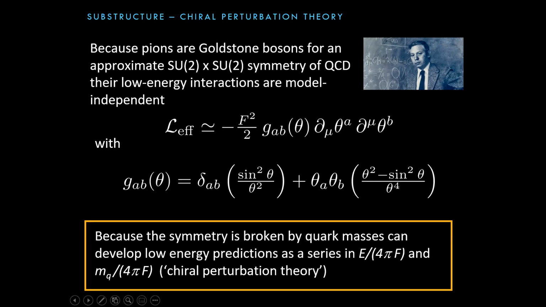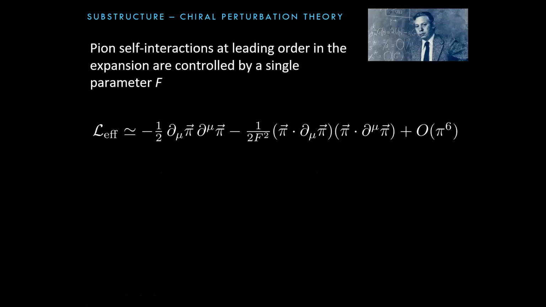If I write out the first few terms, it turns out to be this. And once I've canonically normalized things, the f goes into the denominator. What was theta before is now pi over f. Each term in this expansion involves two derivatives exactly, but more and more powers of pion fields and more powers of f.